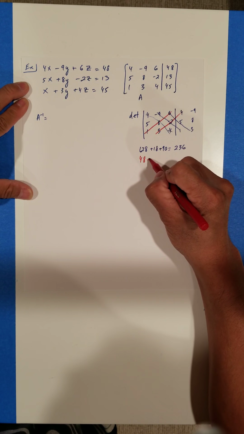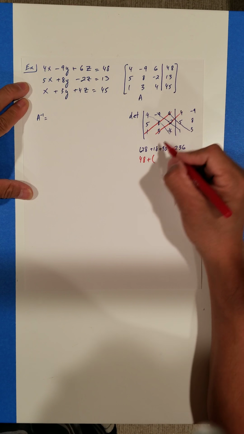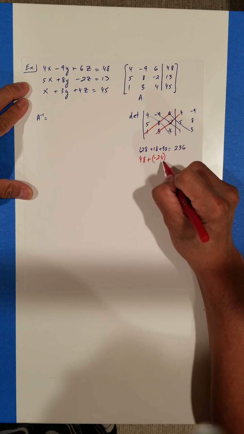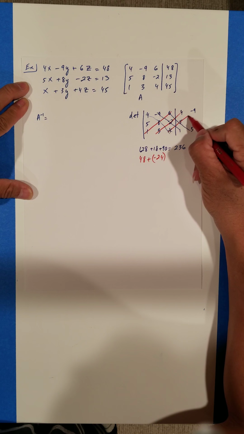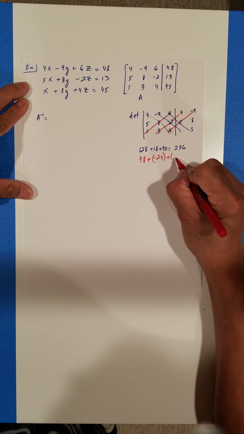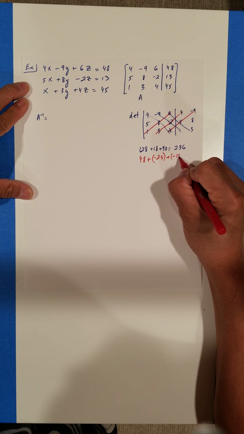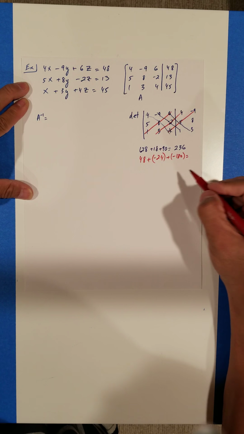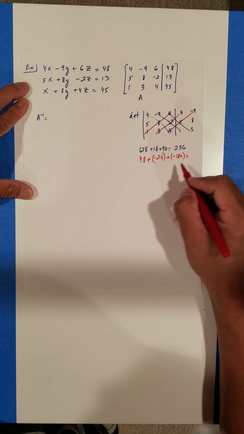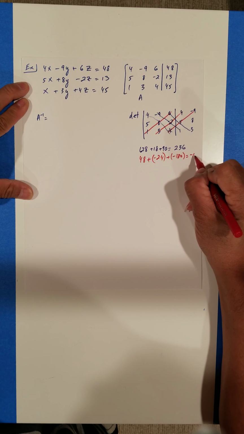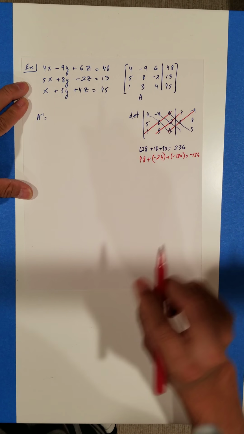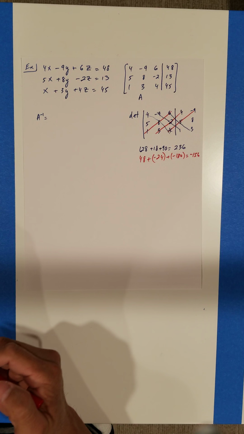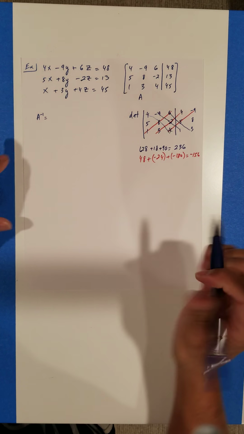I'm going to add -24. And then again, right here, I'm going to add -180. So my grand total here is -156.